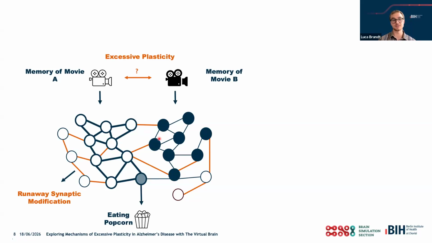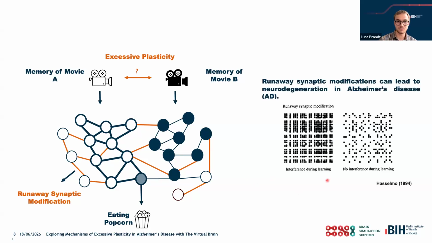And it is thought to explain some cognitive deficits in Alzheimer's because patients are suffering from childhood memories being more present, like the already established connections being reinforced further, but new connections cannot be made properly. And Hasselmo came up with this nearly 30 years ago, and he did an experiment.